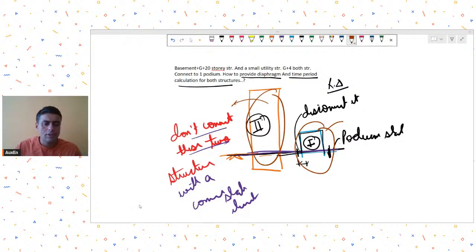These things I have explained in earlier sessions where we have taken these questions, that if there are multiple superstructures on a common substructure, what to do. You could refer those episodes where we have done this discussion. So short answer here is don't have them connected at diaphragm level, disconnect them, and treat them as two independent structures. Okay, so this was engineer Pritesh Jain with his question.